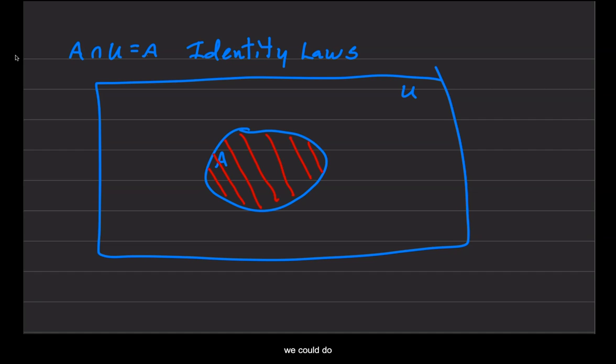Similarly, we could do, oops, go back to blue. We could do A union the empty set is equal to A, and maybe change this color to green, and I'll shade A in green.